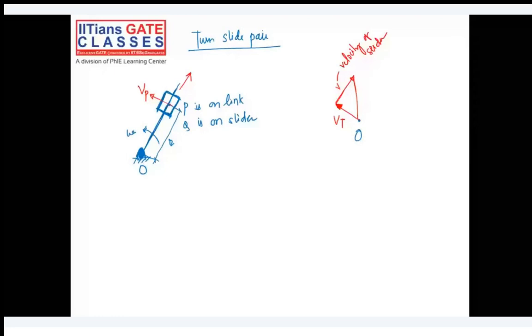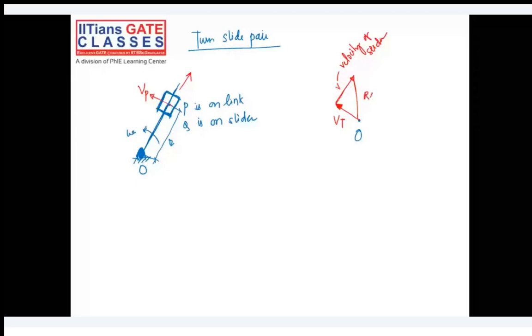Now the main thing here is the acceleration. This is a little tricky. We know that a turning pair has two accelerations. One is in the centripetal direction, AC, that is r omega square.